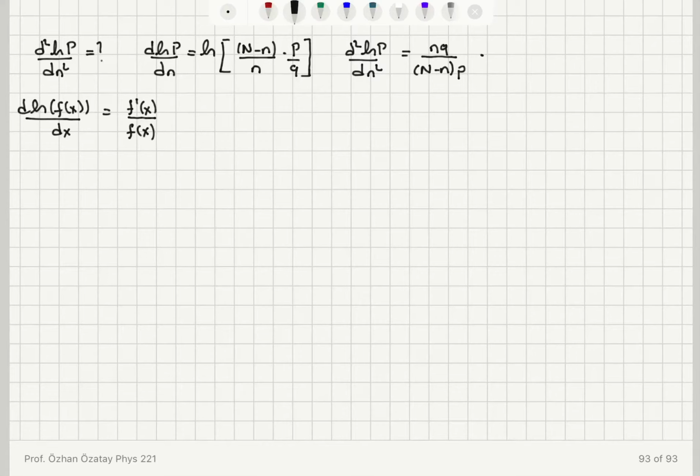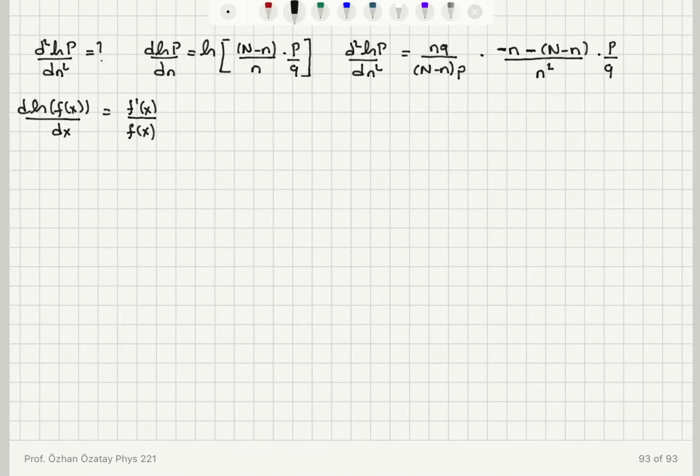So if you take the derivative of the function that is inside, from the derivative of capital N minus n, we obtain a minus 1. So we have a minus n. And then minus the derivative of the bottom, n gives me 1, capital N minus n, divided by n squared, multiplied by p over q.